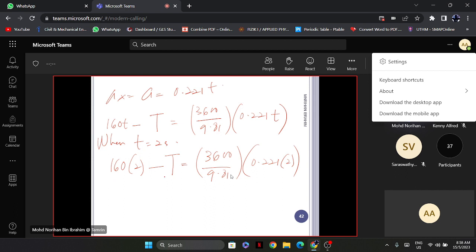So we only have one unknown, which is T. Then we can directly solve this one. If you solve this, we get T equal to 157.8 Newton. You got the answer for this coupling force T.